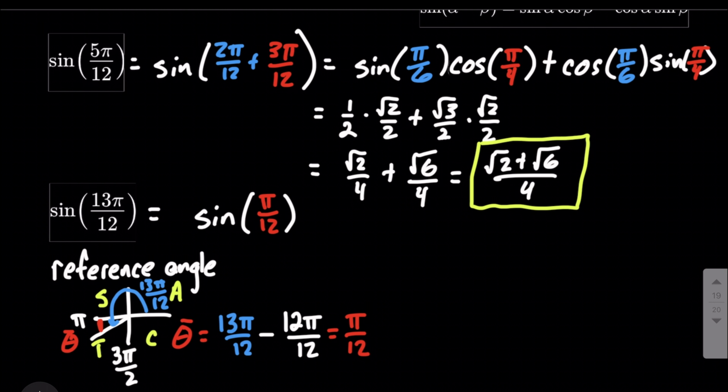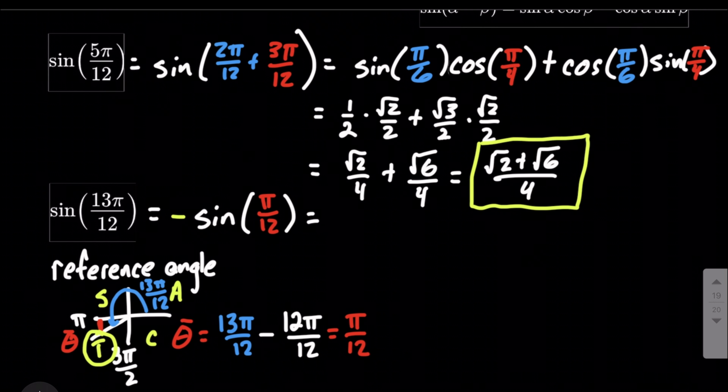All of them are positive in the first quadrant. Sine is positive in the second quadrant. We're dealing with the third quadrant where tangent is positive, but what that means for us is our sine is going to be negative. So as soon as we plug in that reference angle, make sure you get the correct positive or negative out in front. So that's what that negative in yellow out in front is.